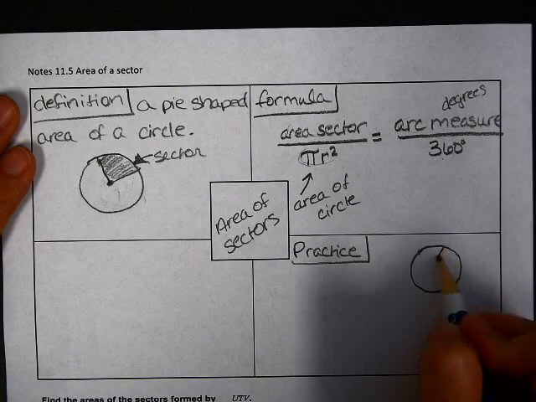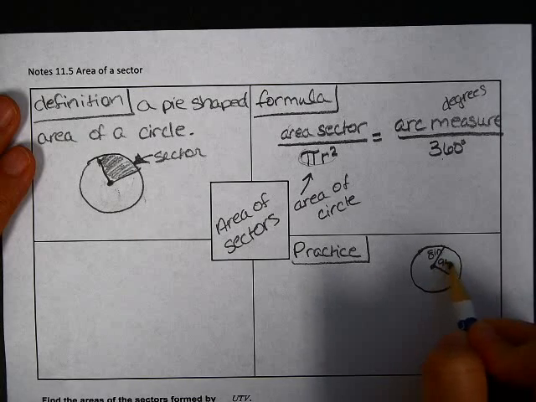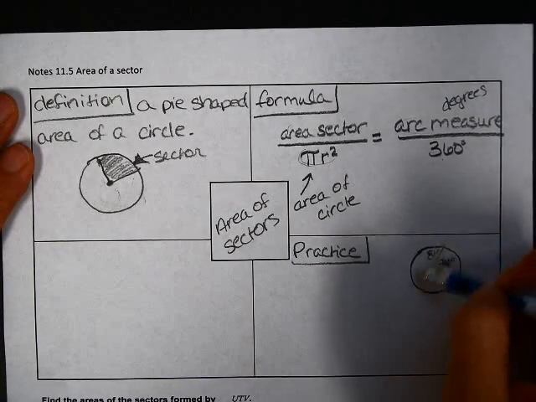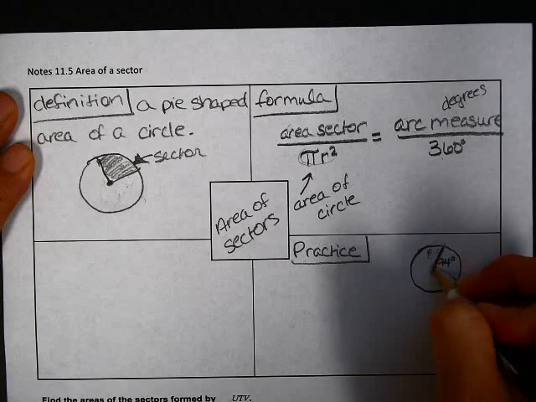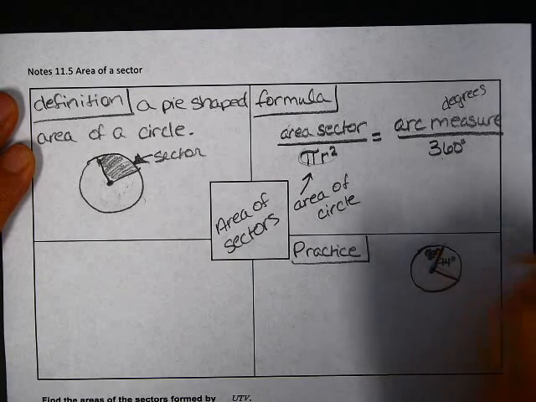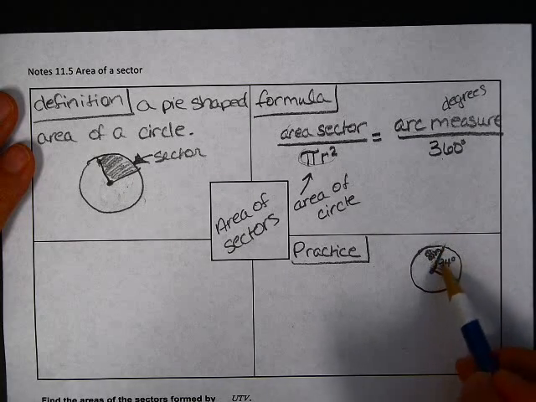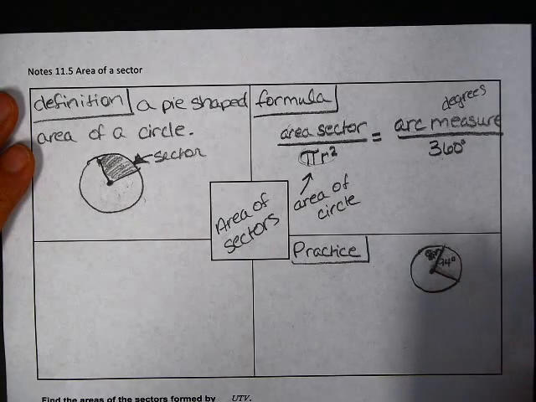We have a radius of 8 inches and a central angle of 94 degrees. That's kind of sloppy. That didn't really come out to be the center. I don't like it. I'm going to have to fix that. There we go. That looks a little better. So 8 inches is the radius, and 94 degrees is the degree of the central angle.